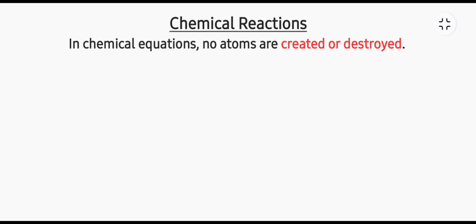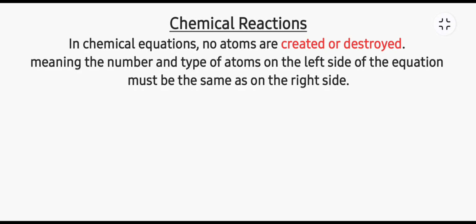What is meant there is that the number and the type of atoms on the left hand side of the equation must be the same as the number and the type of atoms on the right hand side of the equation.